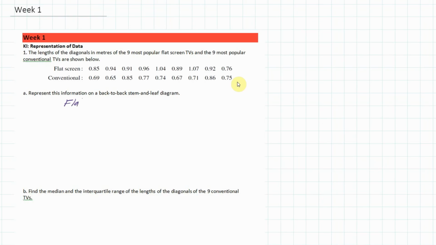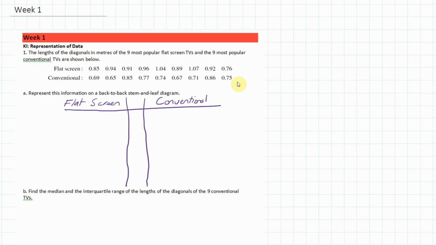We'll have flat screen here, excuse my writing, and then we'll have the conventional on this side. And then in the middle we'll have this sort of thing. Let's have a look. What are we going from? The smallest number, I think, is 0.65.